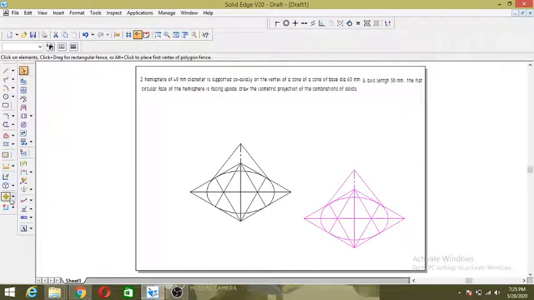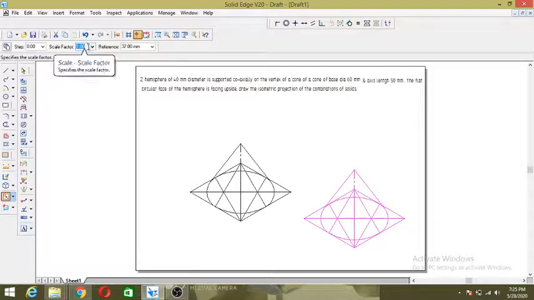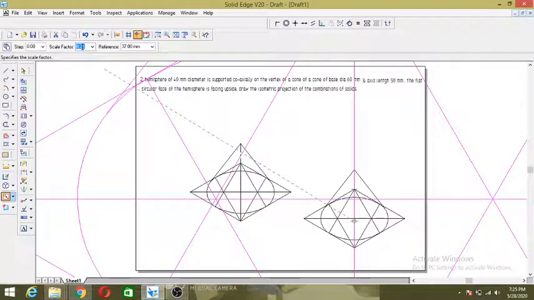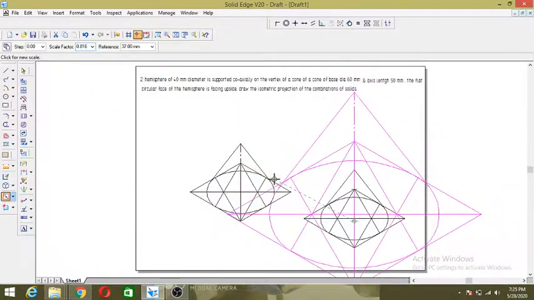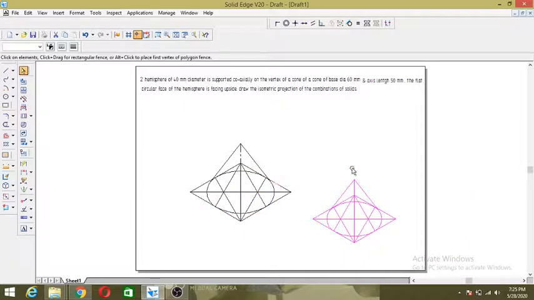After that, scale. Turn off the copy command. The scale factor is 0.8166. Say enter. Now see, this is the difference. This is regular scale, this is iso scale. Now we have to place the hemisphere over this.